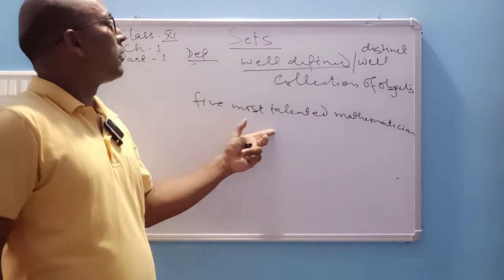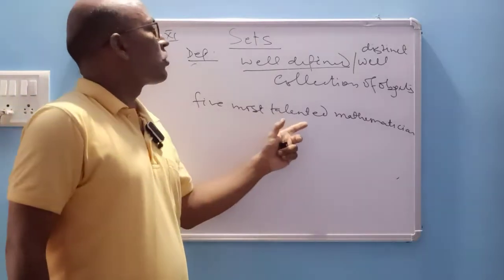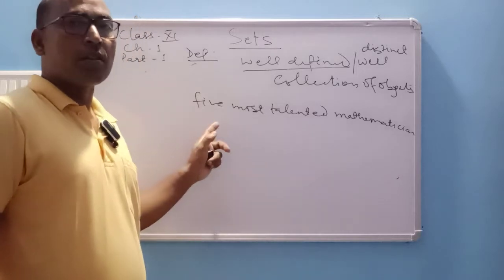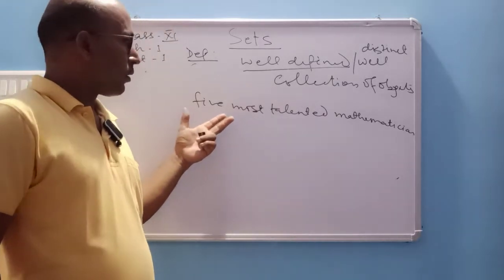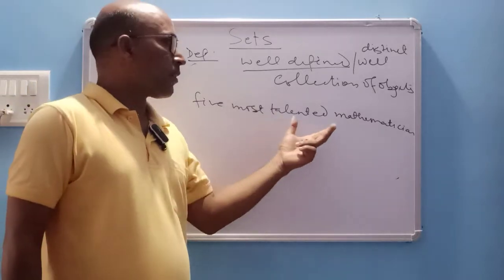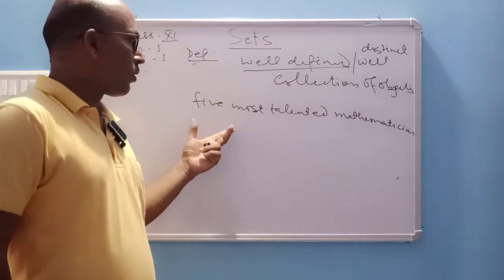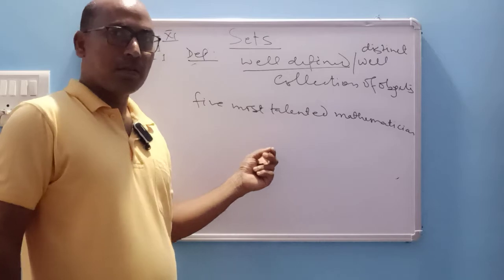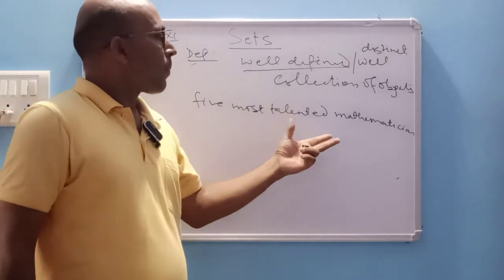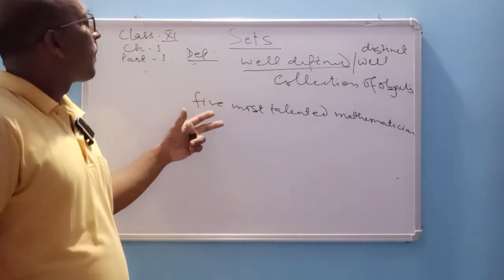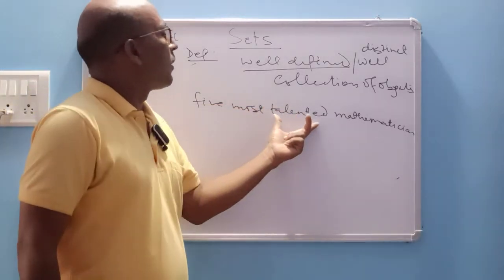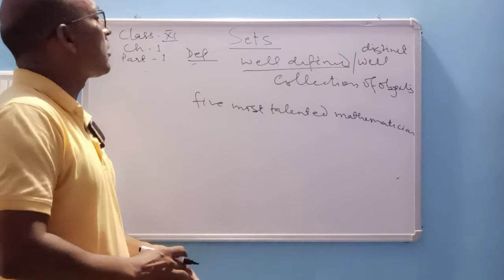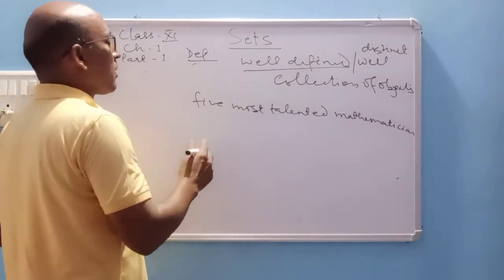The criterion for the most talented mathematician varies from person to person, and person to person the choices may be different, and there is no consensus. So the 5 most talented mathematicians collection is not a set.